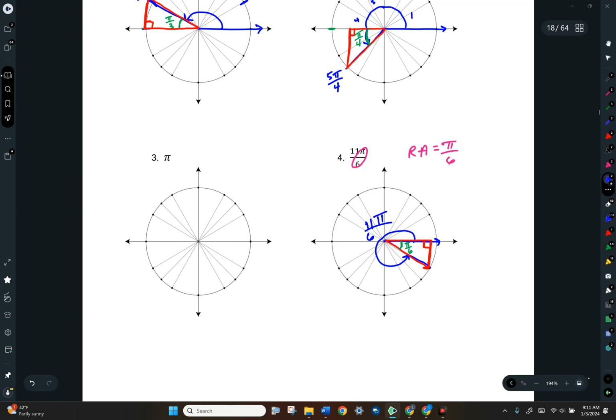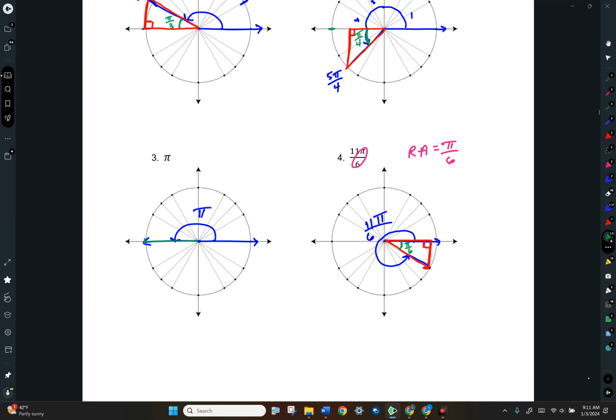All right, so on number 3, let's draw the picture. If I have an angle of pi, so here's 0, pi would be all the way over here, so the terminal side is right there. So in this case, what is the reference angle? Well, if the terminal side is on the axis, then the closest x-axis is the one that it's laying on top of.